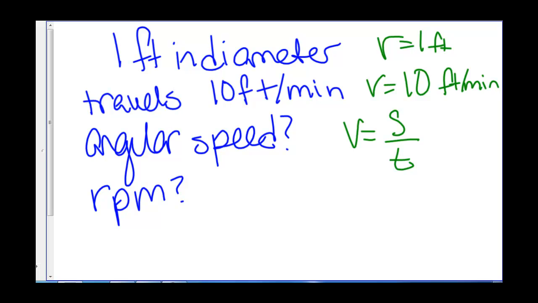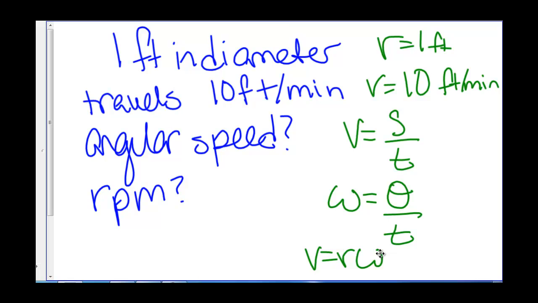We know that omega equals theta over t, and we know that v equals r times omega. So this one right here has both of the variables we're looking for. So that will give us our angular speed.